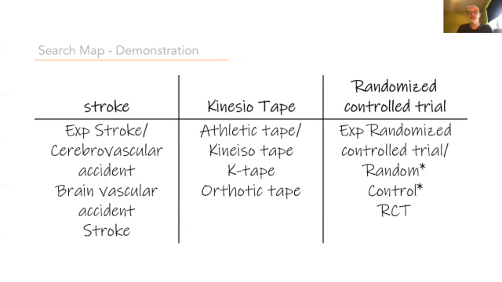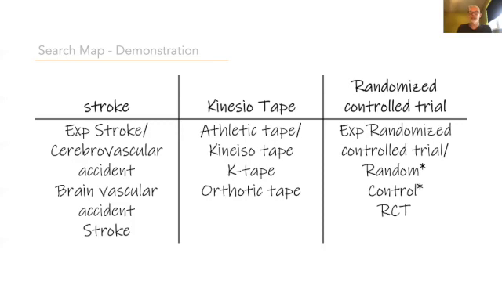And then I add the needed keywords to flesh out that idea. Note I have used the wildcard on the words random and control. This will find the variations of those terms that I need to search, i.e. random, randomly, randomize, control, controlled, etc. I have used those two words because when it comes to searching for study designs, particularly randomized controlled trials, those words are often used in articles.